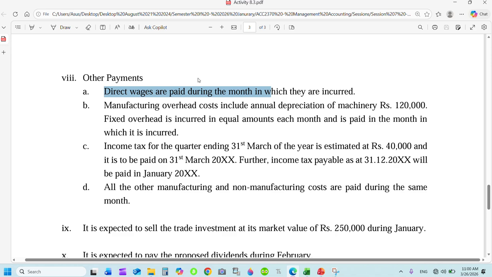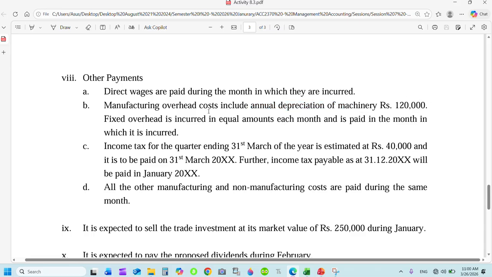Usually, salaries and wages we pay in the same month, otherwise they can't run their life, right? So direct wages we pay in the same month. Manufacturing overhead cost includes annual depreciation of machinery 120,000, right?